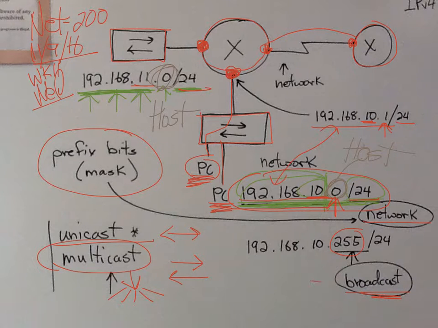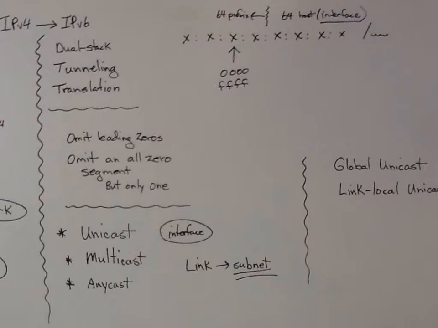It's different than a broadcast that just goes to everybody. Alright, so if we were to look up here, this is a network, this in between here is a network, and down here is a network. Pretty good review.